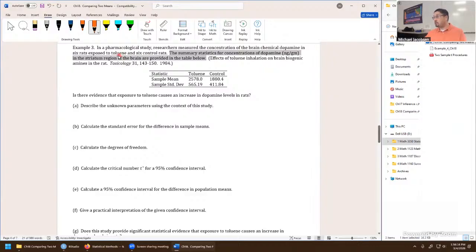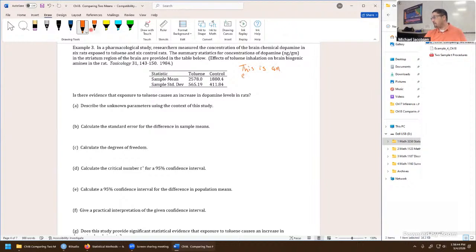There were 6 rats exposed to the treatment, toluene exposure, and 6 rats exposed to the control, just a normal happy rat in an environment given food and water, just like the other one, but no toluene exposure in the control. They had 12 rats altogether, and they randomly assigned the rats to either the treatment group, toluene, or the control group.